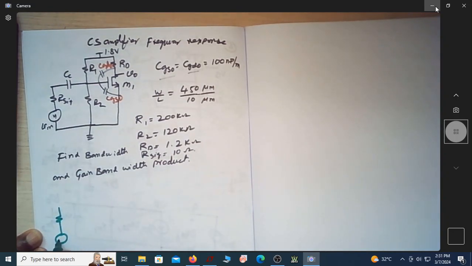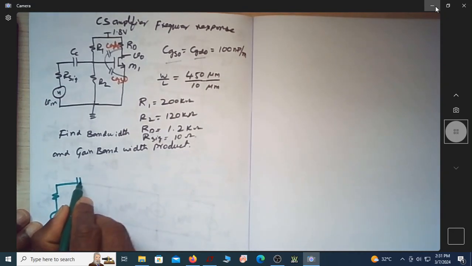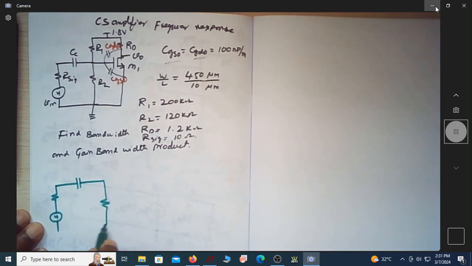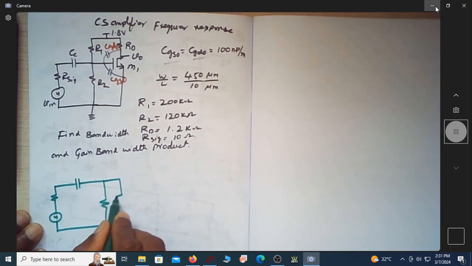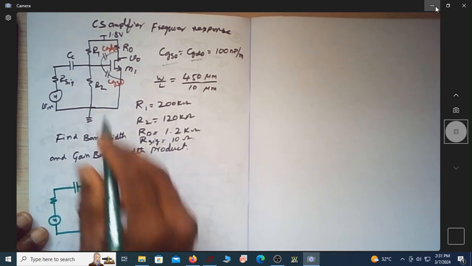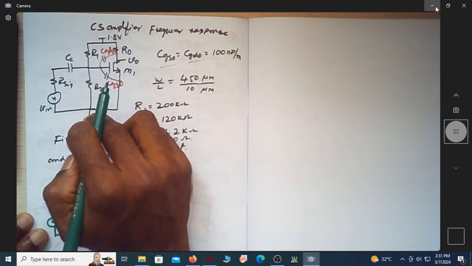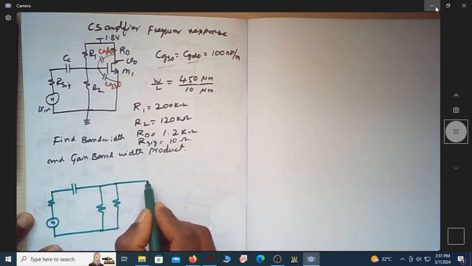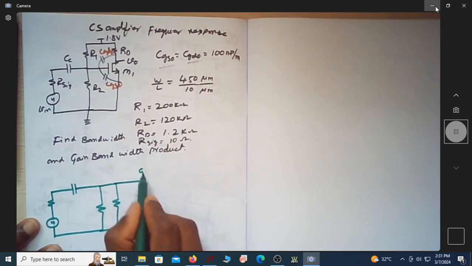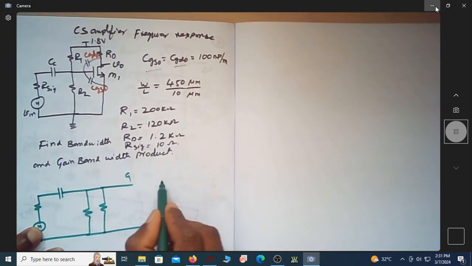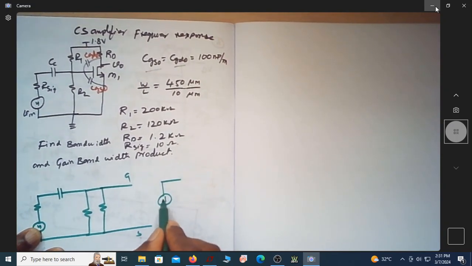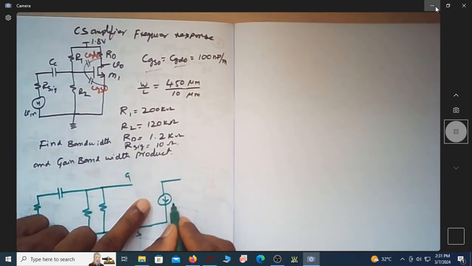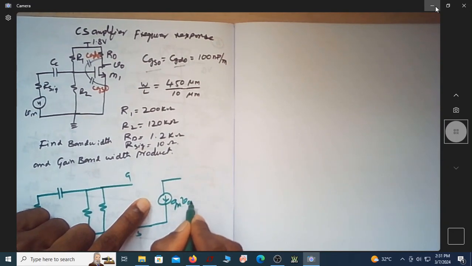So now let me write this. I will write R1, R2 parallel here, because by this time all of you know why I am writing these two in parallel: when you AC ground, these two grounds are common, and this is my gate, source, drain. This is Gm into VGS.